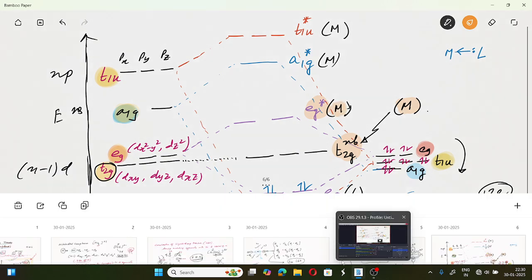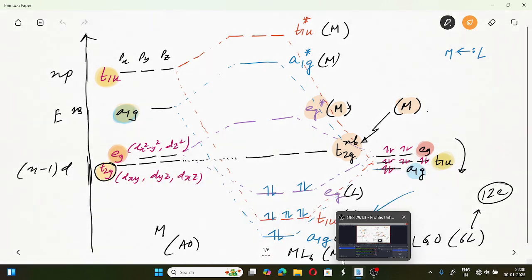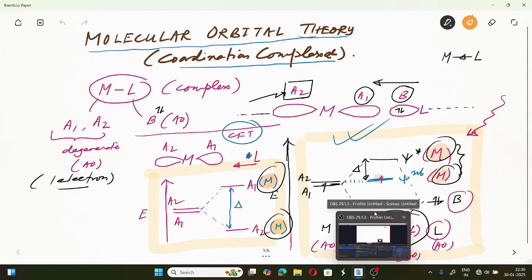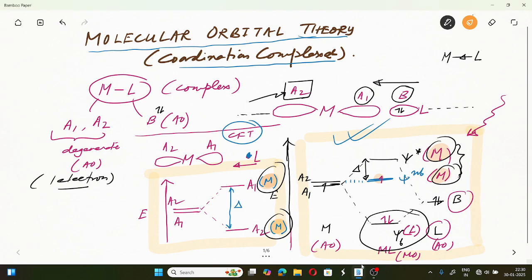Now if you compare this with our previous simplified diagram, non-bonding and anti-bonding orbital, both are of metal character, and this gap is del O. This energy gap between the non-bonding and anti-bonding orbital of metal character is del O in the molecular orbital theory.